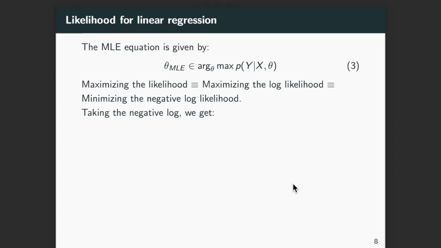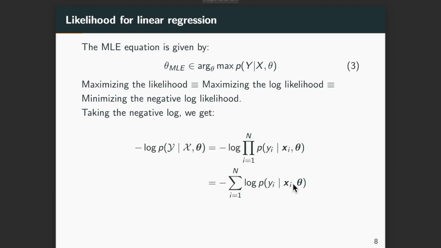Given the previous expression, we'll take the negative log and we'll get this expression: minus log of P of y given x comma theta is minus log of the product of P of yi given xi comma theta. But because the log of a product is the sum of logs of the individual terms, we can write it as the sum over i equal to 1 to n, over the data points, of minus log of P of yi given xi comma theta.